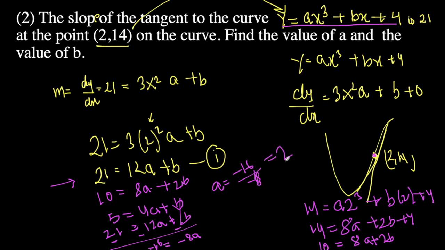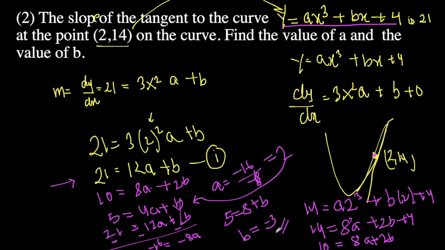If a is equal to 2, you can put it in any of the equations whichever you like. I will put it into this equation because it's the easier one. So 5 is equal to 8, because 4 times 2 is equal to 8, plus b. So now your b is equal to minus 3.